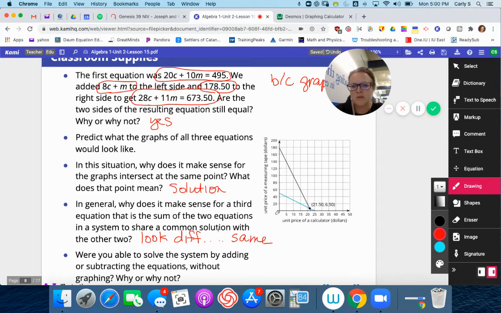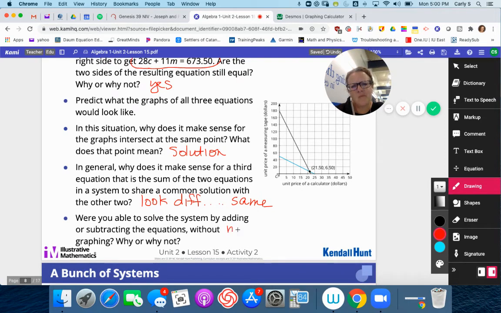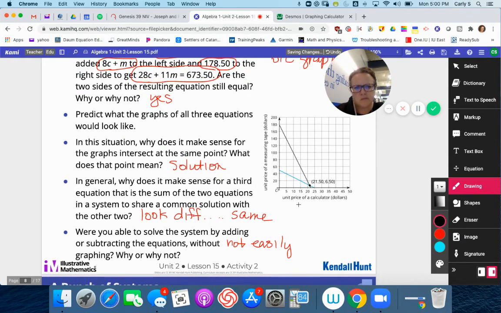Were you able to solve the system by adding or subtracting equations without graphing? Why or why not? Not easily. If we look, the two equations were 20C plus 10M equals 495, and 8C plus M equals 178.50, I think.